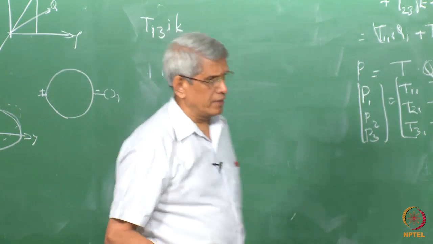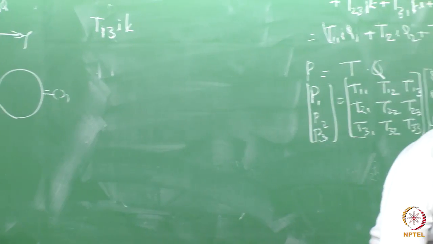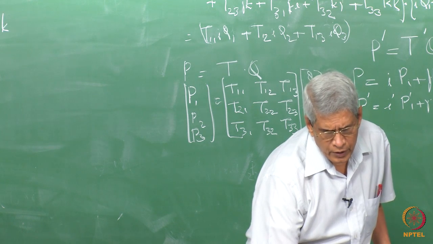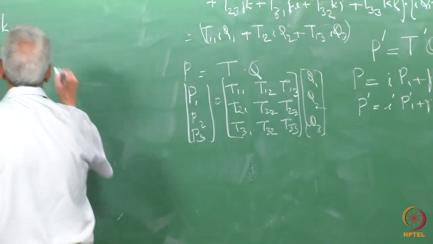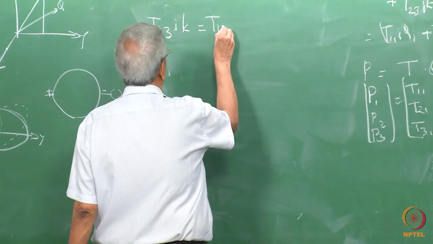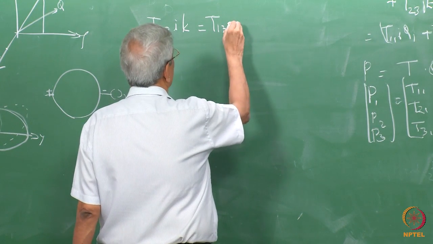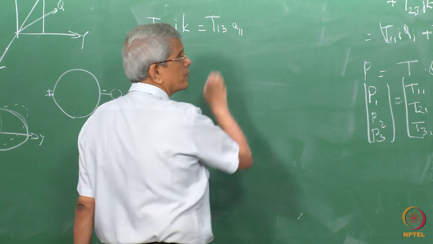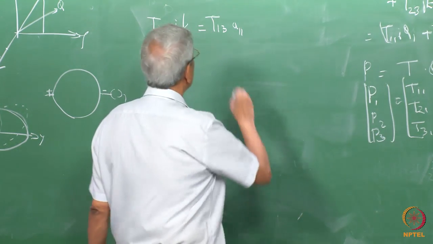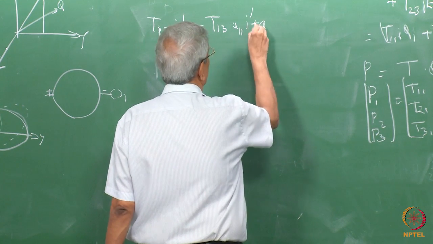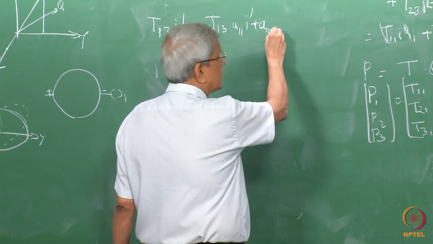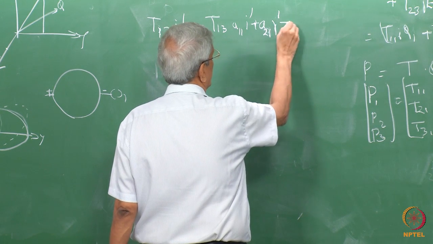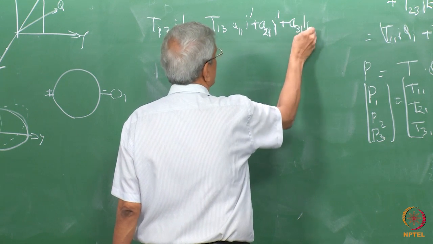And if we substitute for i and k in terms of these coefficients, it is going to be A11 i dash plus A21 j dash plus A31 k dash, correct?